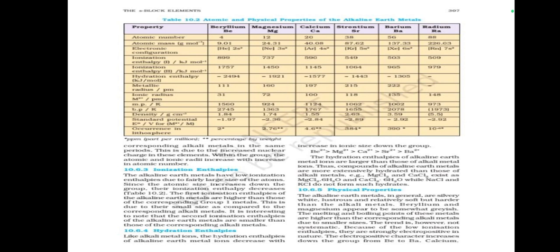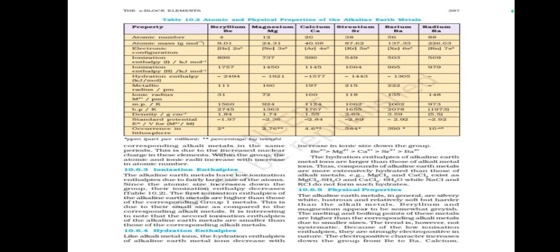Hydration enthalpies. Like alkali metal ions, the hydration enthalpies of alkaline earth metal ions decrease with increasing ionic size down the group: Be2+ is greater than Mg2+ is greater than Ca2+ is greater than Sr2+ is greater than Ba2+. The hydration enthalpies of alkaline earth metal ions are larger than those of alkali metal ions.